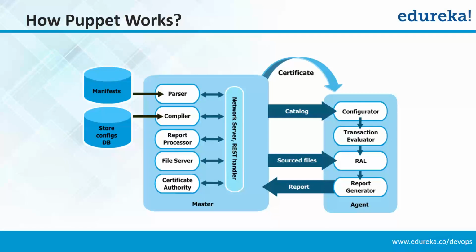Ultimately, the server and the agents work only by a two-way certificate communication. So the certificate has to be exchanged. When the agent communicates, it sends out a certificate, and the certificate is accepted and signed on the master. So the master has to do a signing. By default, auto signing is totally turned off in Puppet.